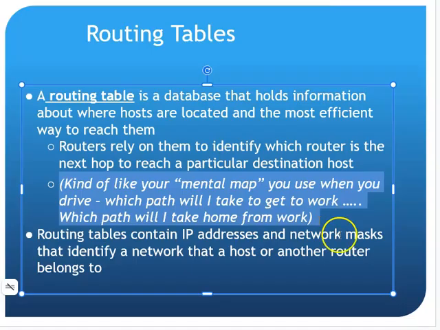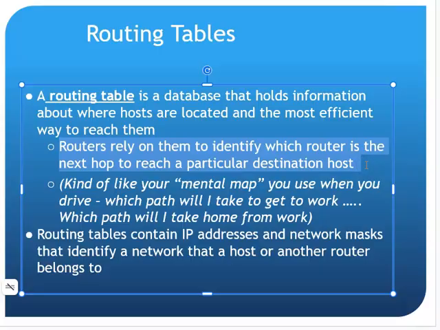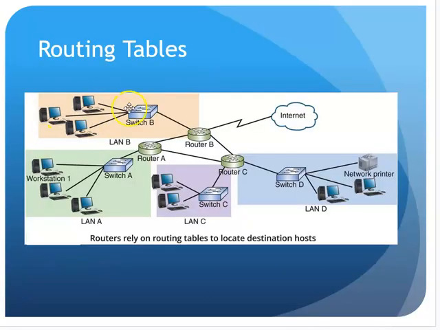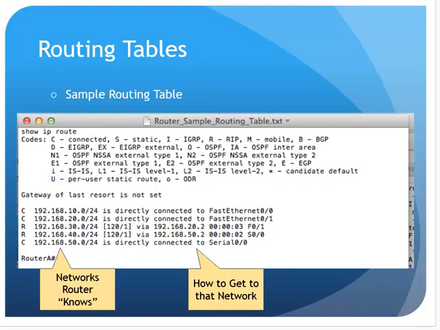Routers are going to do the same thing, but they're going to do it just based on the network: what network am I trying to reach, and how am I going to get there. And it maintains that in a little table of what network and how do I get there. It's learning that and maintaining that. And it looks something as simple as this. It learns the networks.